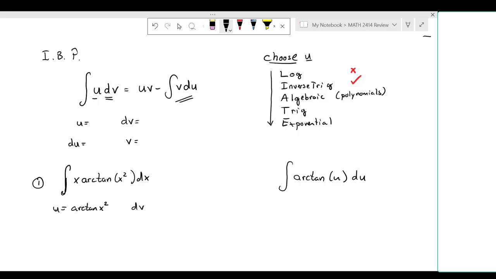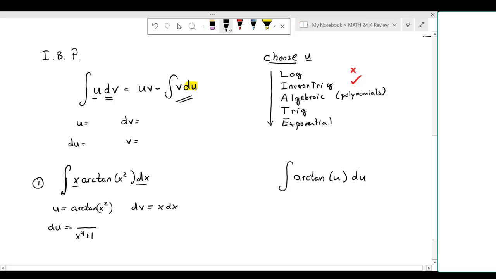And dv is just whatever remains, and it's a differential, so don't leave out that dx. And then compute the rest of the parts. You're going to need a du. So the derivative of arctangent is 1 over the argument squared plus 1.